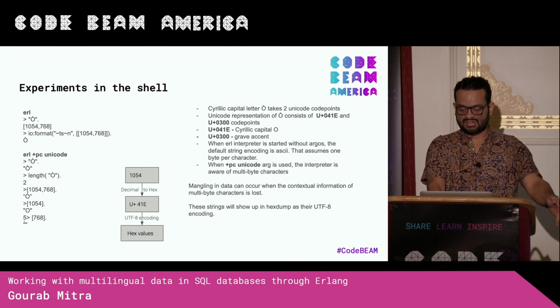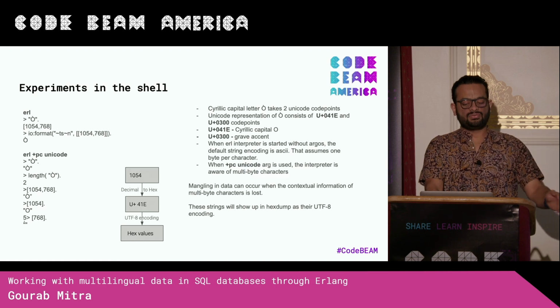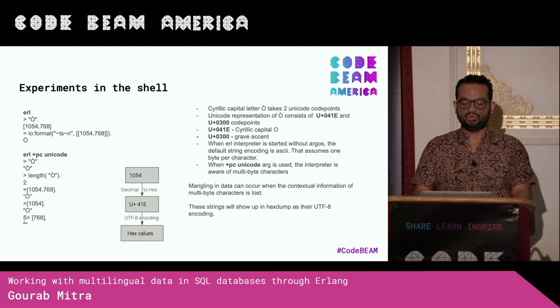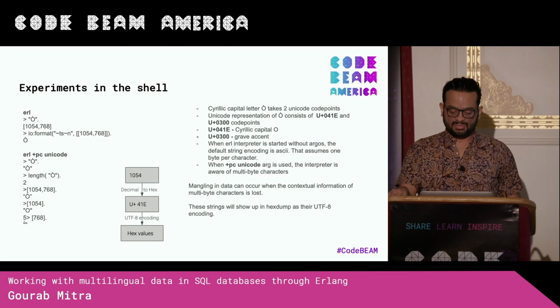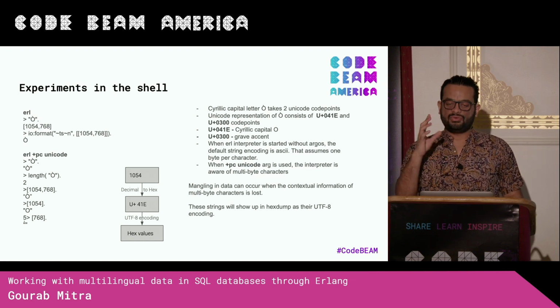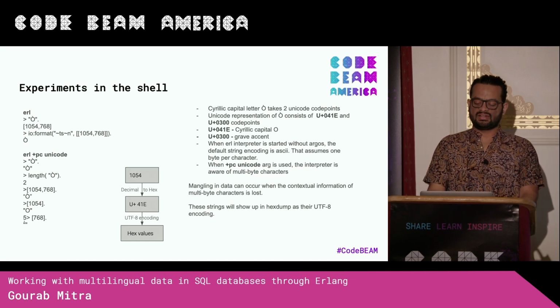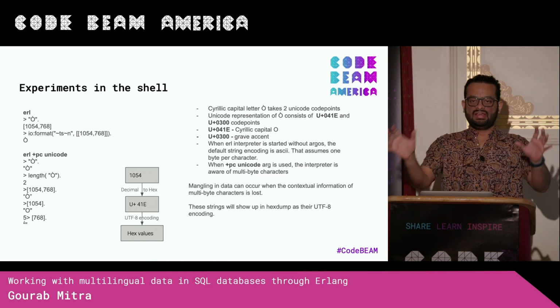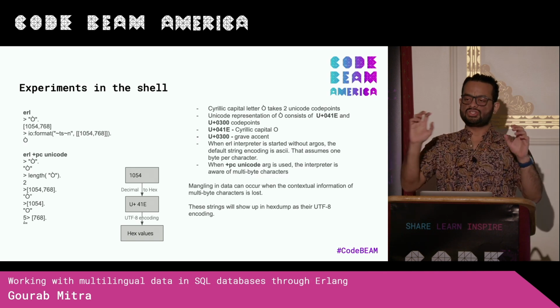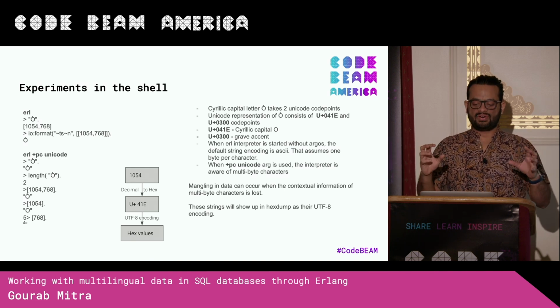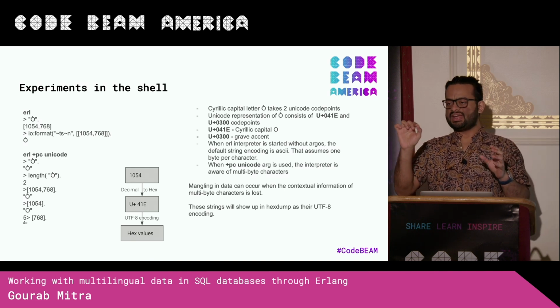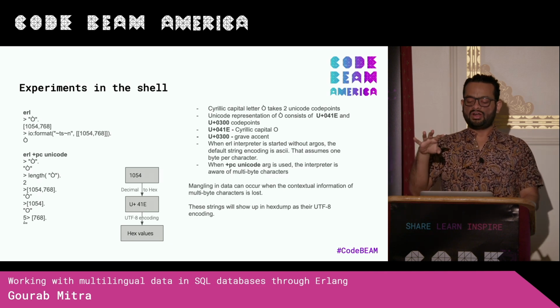What do they represent? The 1054 that you see here is a Unicode code point. The 1054 is a decimal number. If you look at the Unicode standard, you would see it's a mapping of symbols to code points. But the code points are often referred to as U+ followed by 4 hex digits.